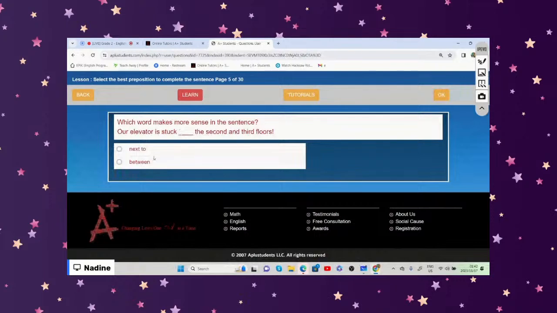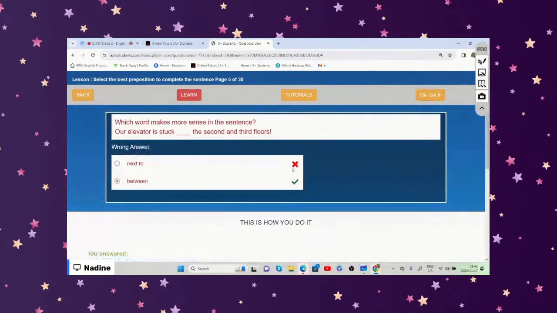So our elevator is stuck. Do we say next to or between the second and third floor? So we can say it is next to the second and third floor. Oh, didn't I say next to?